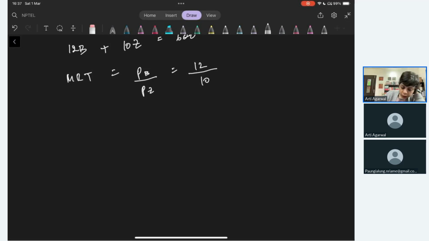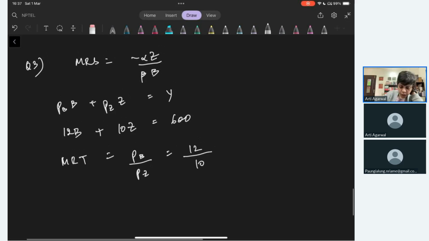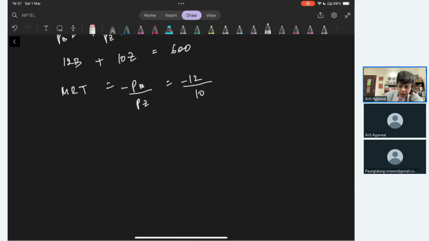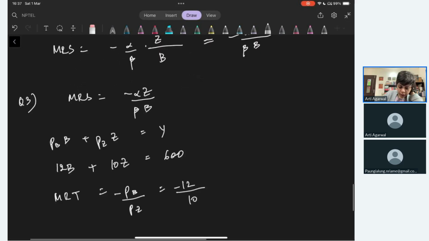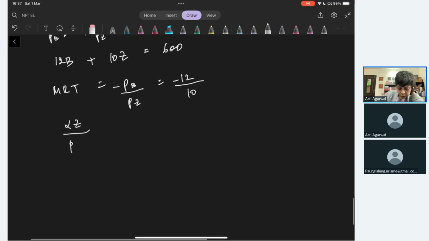So we are given MRS as, now let's remove the minus sign, because this minus minus is going to cancel, it's alpha z by beta b is equal to 12 by 10.